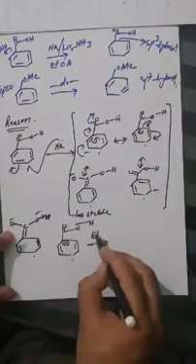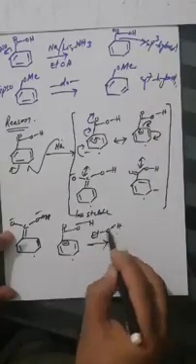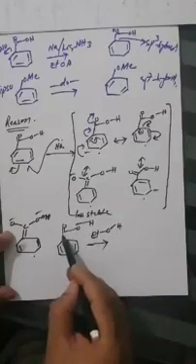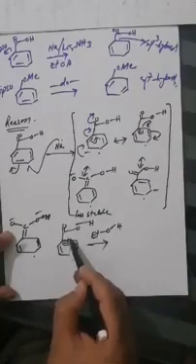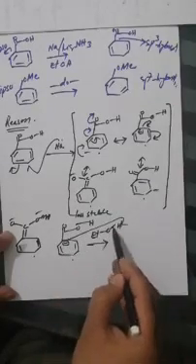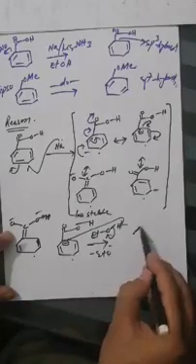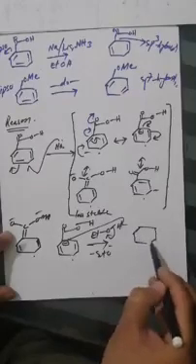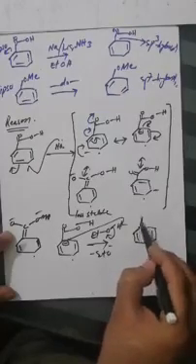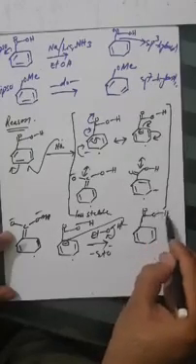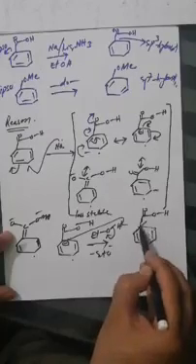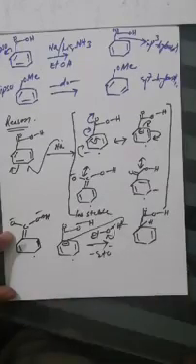So what happens next? The next step is very simple. This carbanion plucks this hydrogen, ethoxide leaves, and you get hydrogen here.